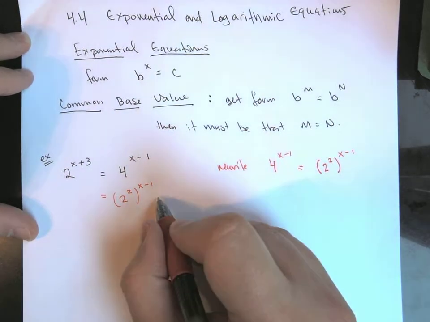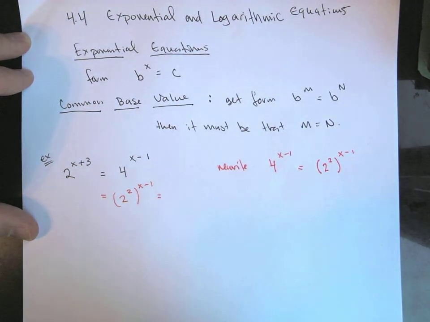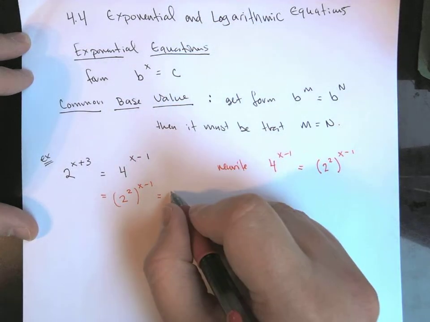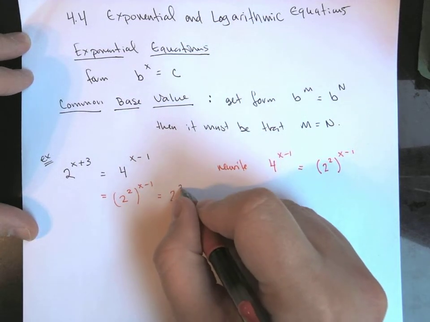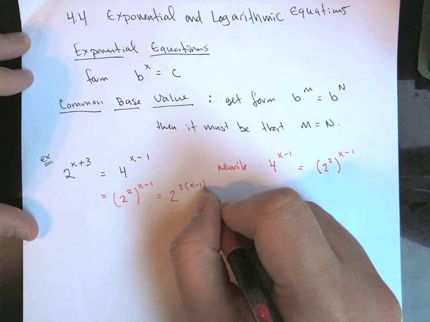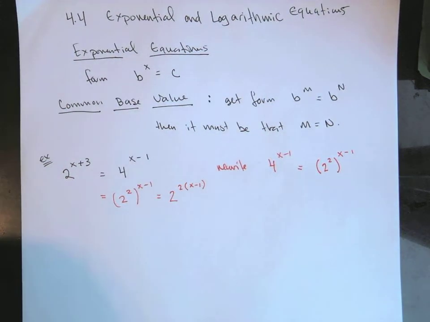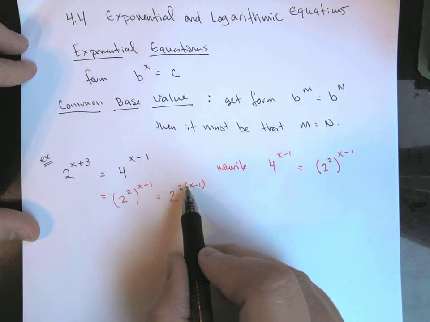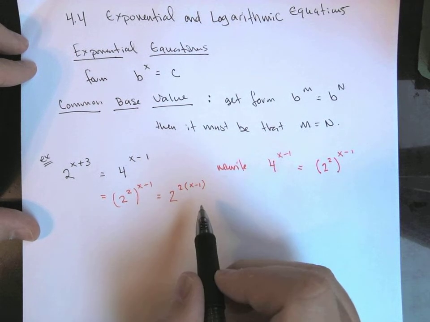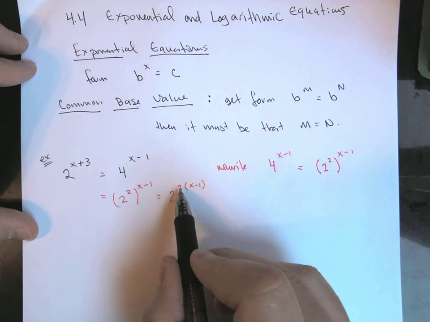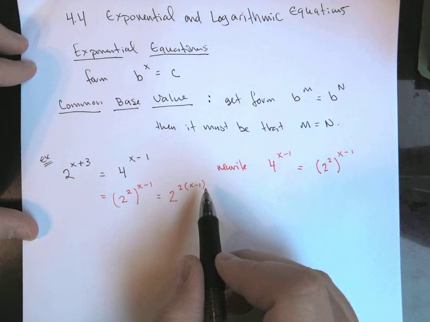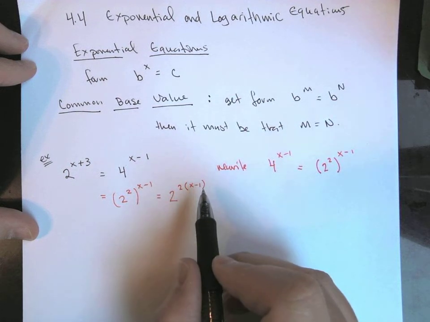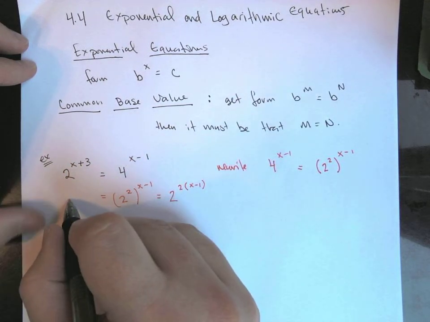If I do a power raised to another power, an exponent of an exponent, our exponent rules say that you multiply those two things together. The most important thing when you do this is that 2 squared to the x minus 1 becomes 2 to the 2 times the quantity x minus 1. So you have to make sure that you multiply the 2 to both of those individual terms. You don't need to necessarily do that in this step. We'll save that for a minute.